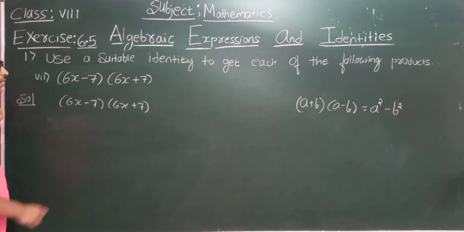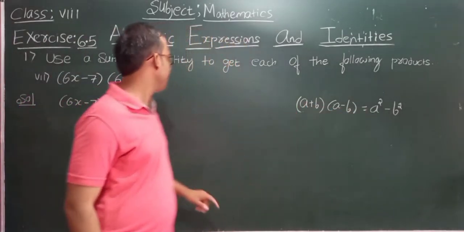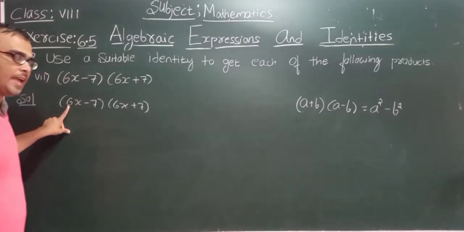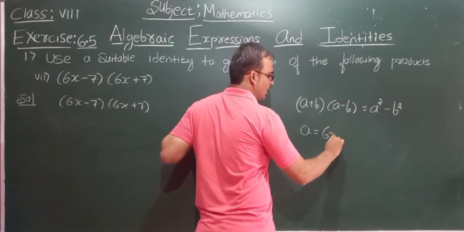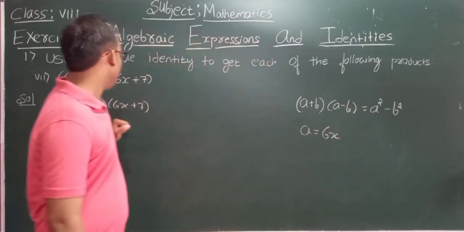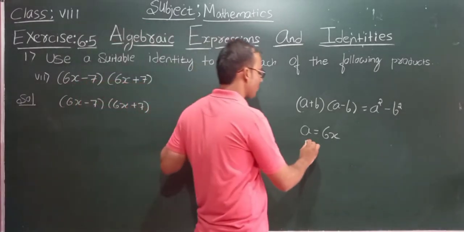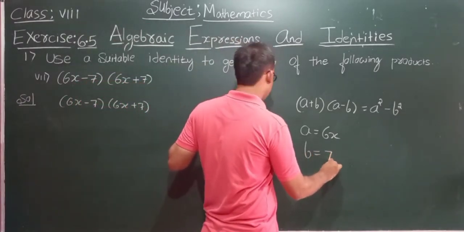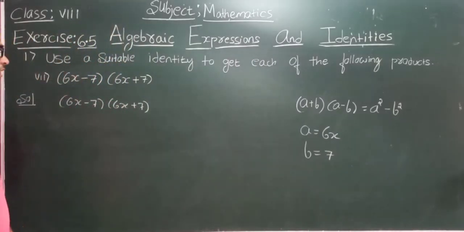Now, in place of a, what is there? 6x is there, and in place of b, 7 is there.